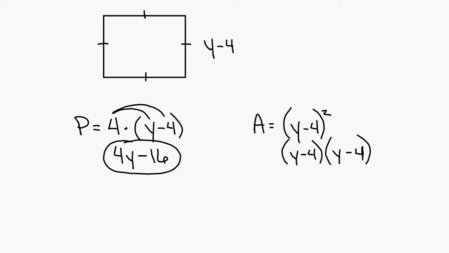And this is the distributive property twice. You have to distribute the y, and then you have to distribute the negative 4. So your y times y is y squared, and your y times negative 4 is negative 4y.